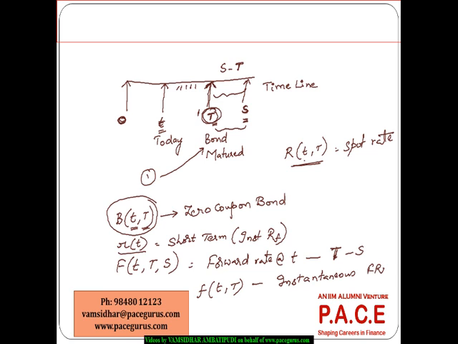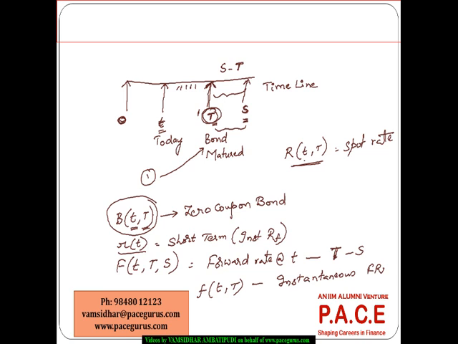If a bond is maturing at time T and is priced at B(t,T) today, what is the interest rate for this entire period? That is what we call the spot rate for a bond that is going to mature at time capital T, for which we are finding the value at the current moment.